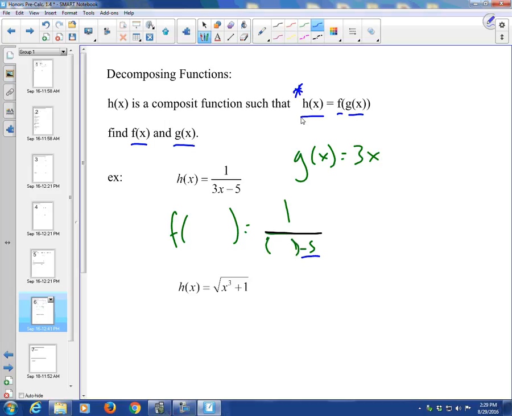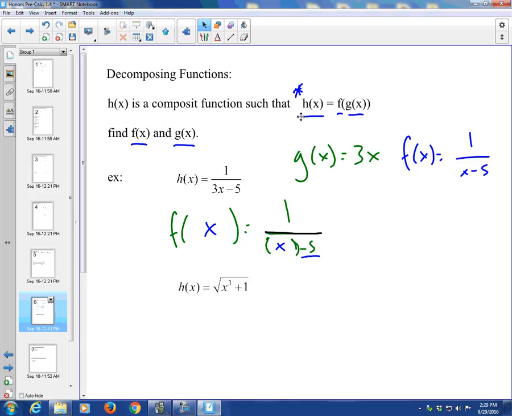Taking out that 3x, we've got f as subtracting 5 from something and dividing 1 by that number. So when we plug in x, we have f of x as 1 over x minus 5. And we got that by pulling out a g of x.